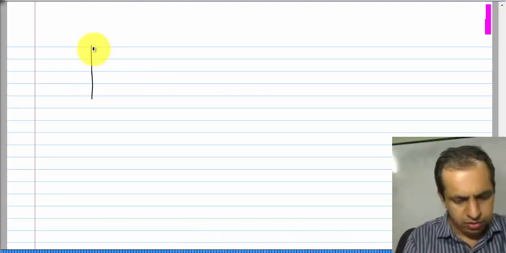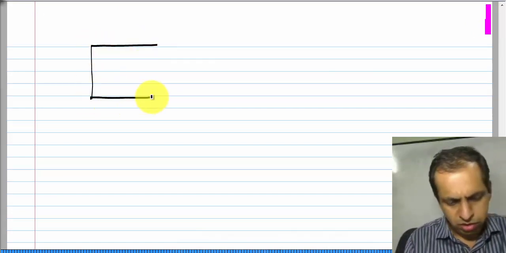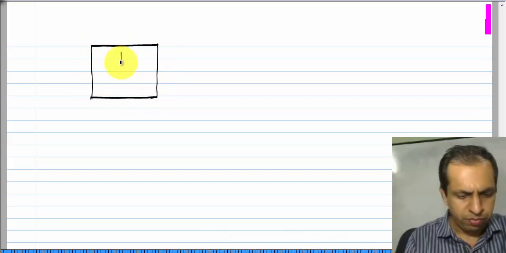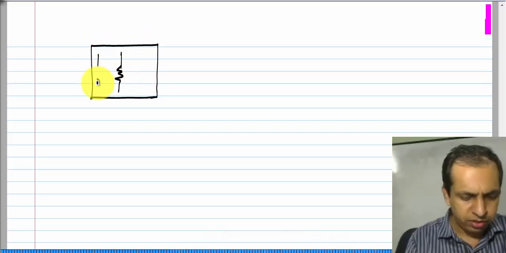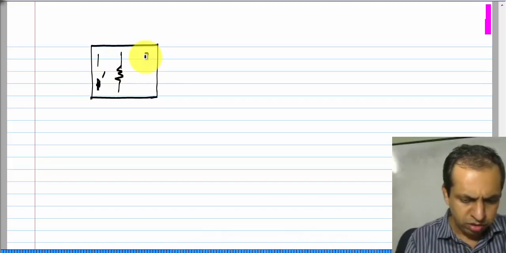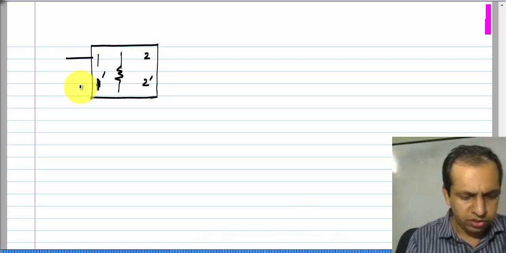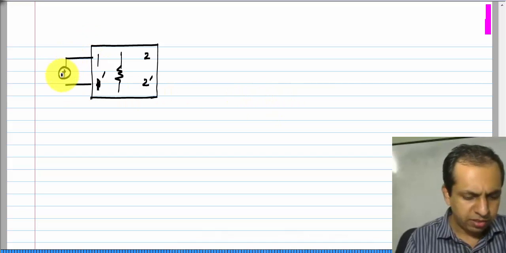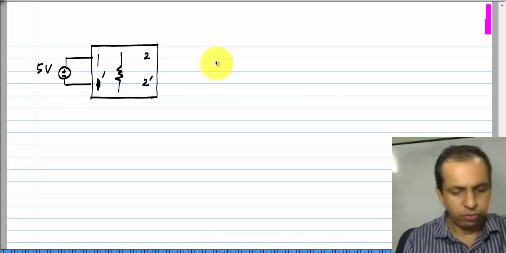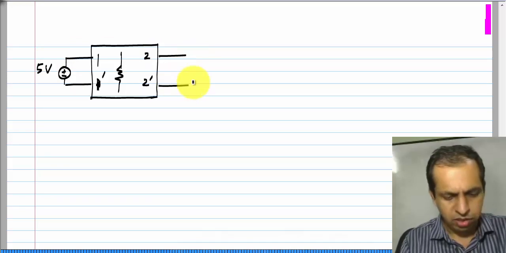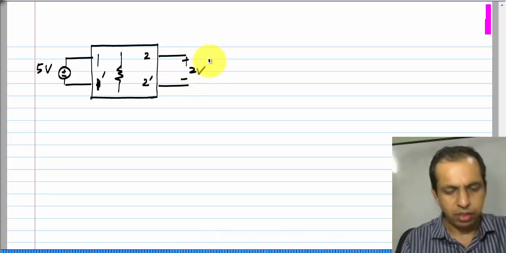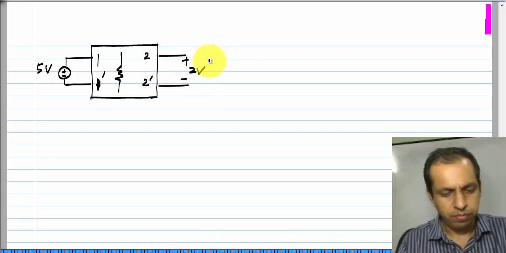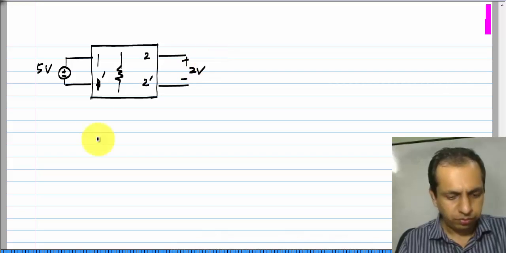Firstly, you could be given a straightforward 2-port style question. So, let us say you would be asked, I apply 5 volts here and I see 2 volts over there.